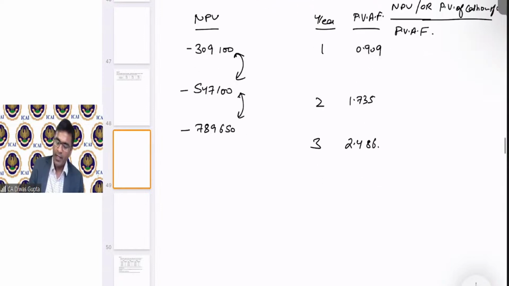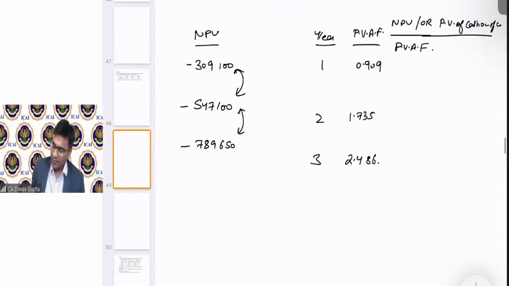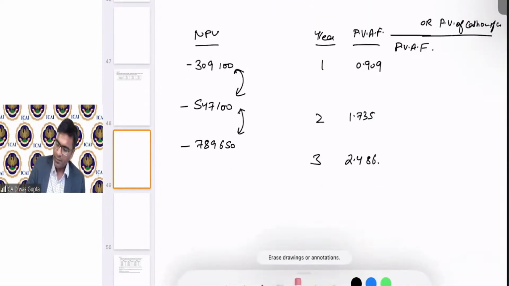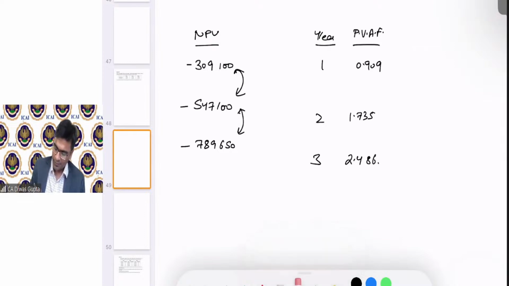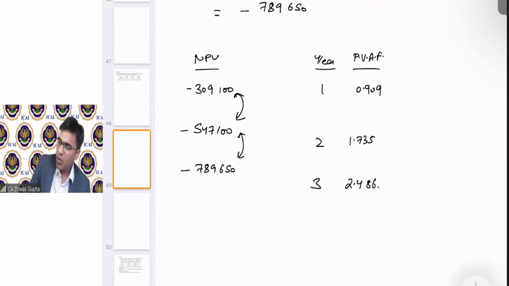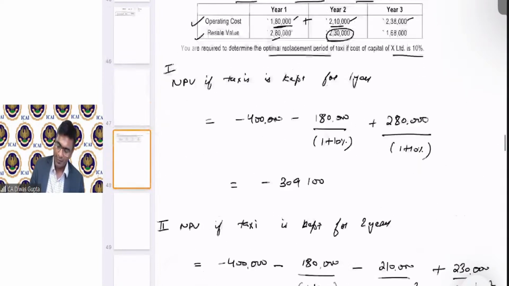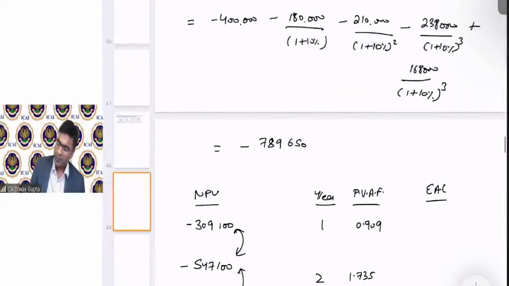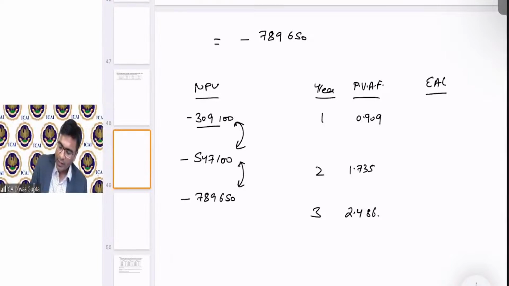Now, once we do that, we will just take a simple division. So this is called EAC, the equivalent annual cost. So we just simply divide 309 by this, 547 by this, and 789 by this.